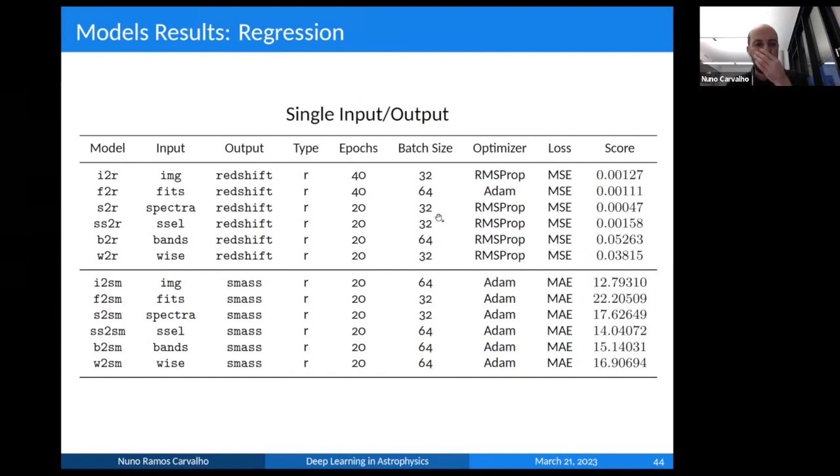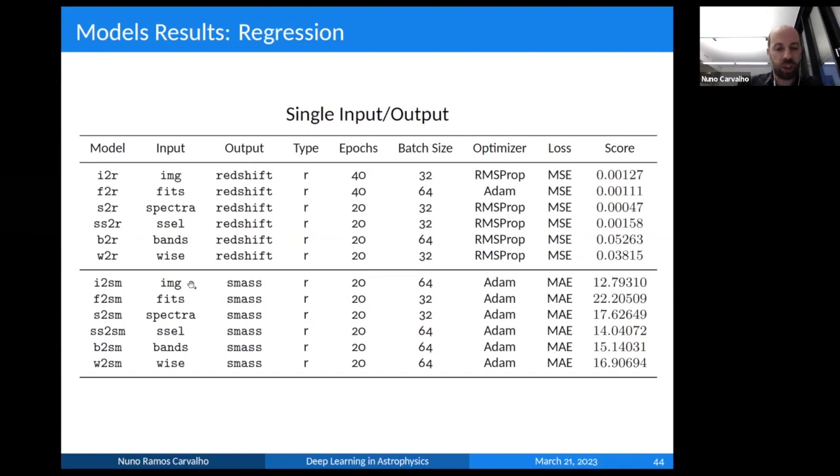And we can see, for example, that to predict the redshift, the model that performs best is the one that has the spectra as an input, which makes sense, because as we were discussing earlier, we calculate the redshift from the spectra, so it makes sense that all the information is there. And the same for the stellar mass.